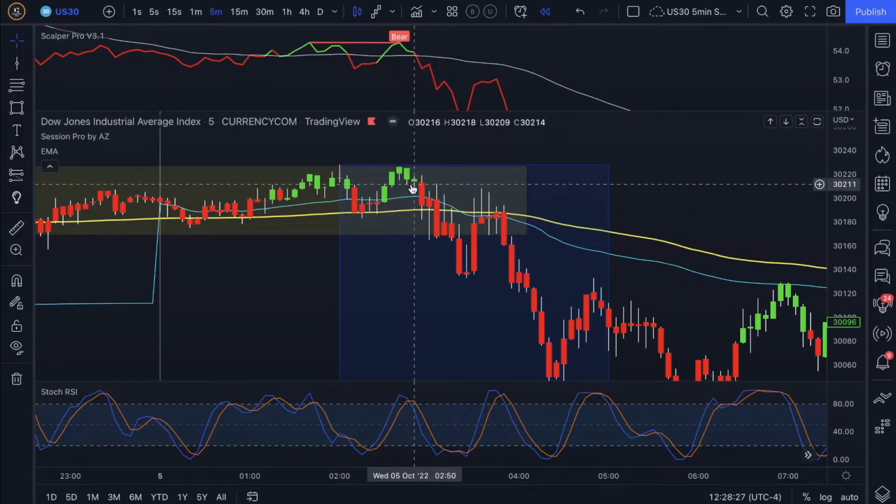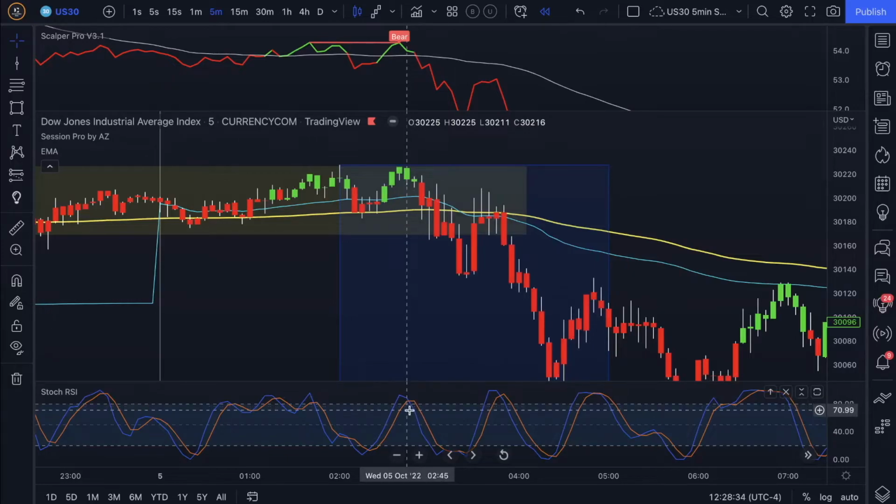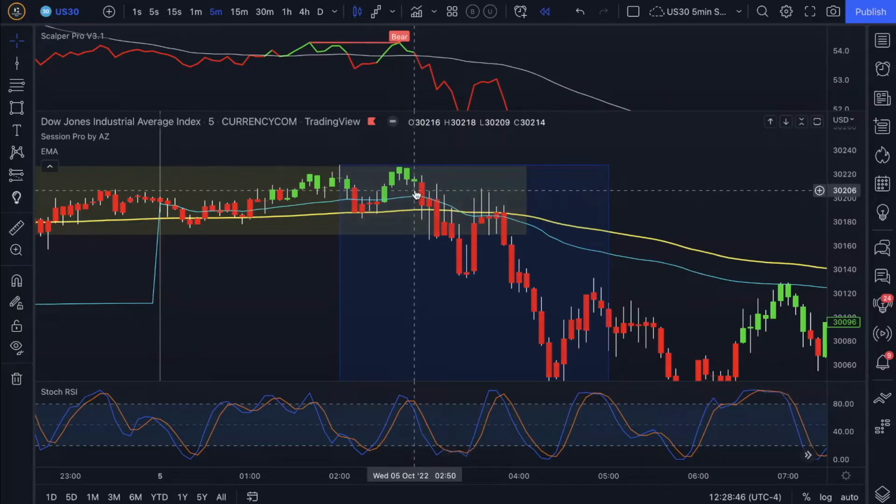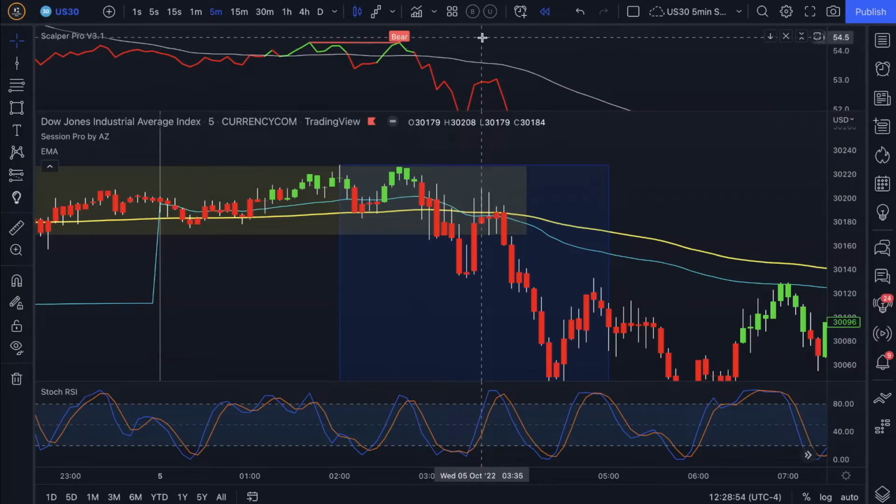Now we're waiting for the first red candle to appear, and we want to see the stochastic RSI crossing over above the 50 level. The perfect ideal scenario would be above the 80 level. We want to see that crossover right here. On the following candle, we had a little doji.